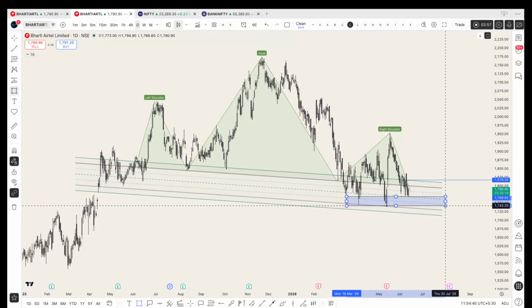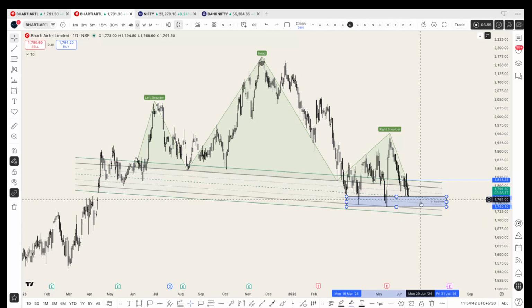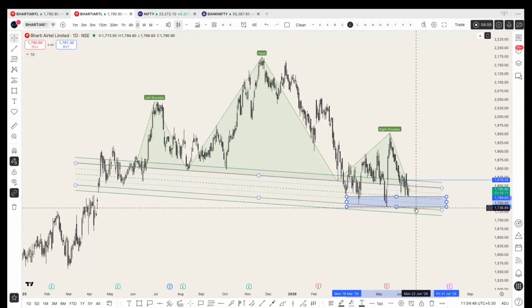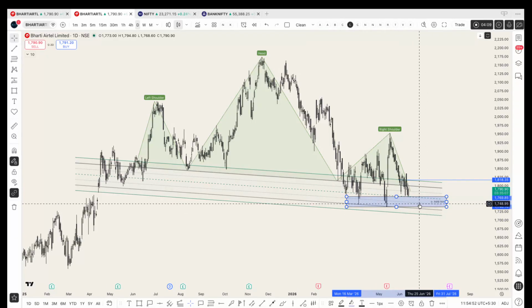Mark this zone here. Once this zone is breached, we can take an entry here, or we can wait for the price to even retest it as resistance. When the support turns into resistance, that will confirm the weakness.